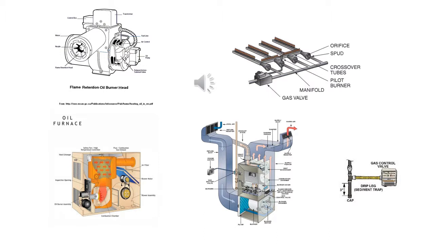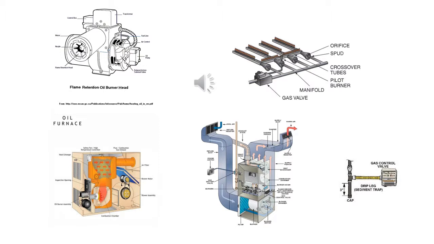For now, it is important that you are able to distinguish the difference between an oil-fired appliance and a gas-fired appliance. If you look at the pictures of the oil-fired appliance on the lower left and the gas-fired appliance in the lower center, you should notice that the gas manifold and burner are mounted inside the cabinet behind an access panel. On some furnaces, the burner could be mounted externally.